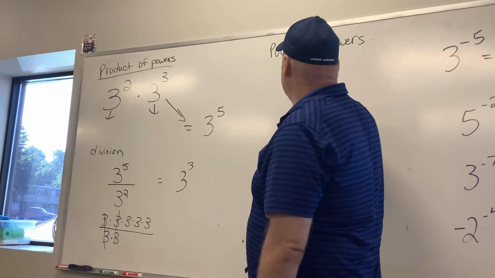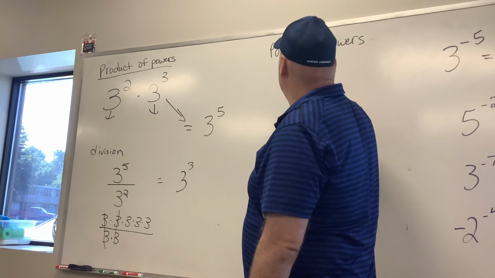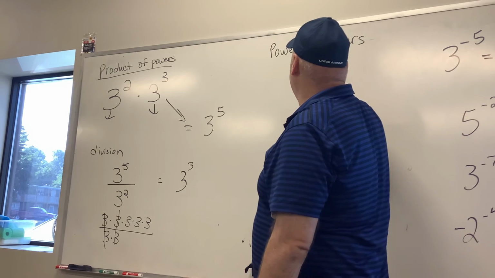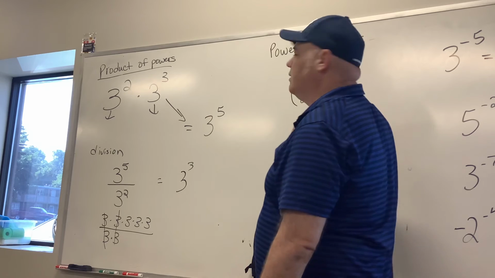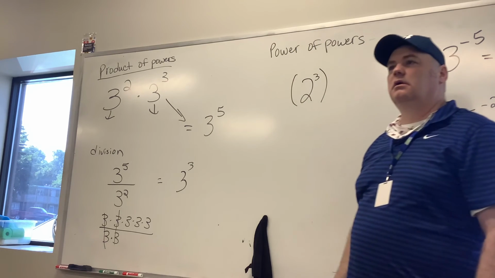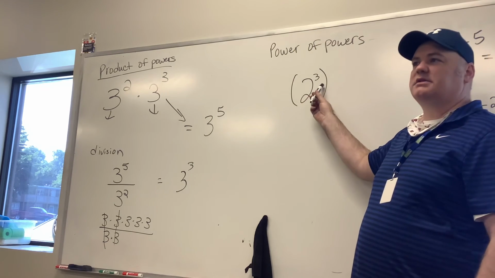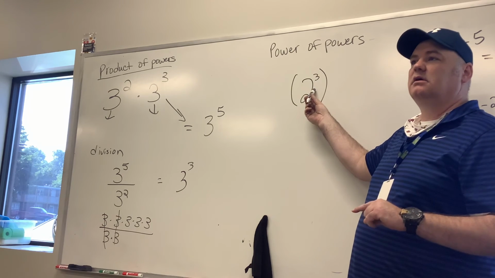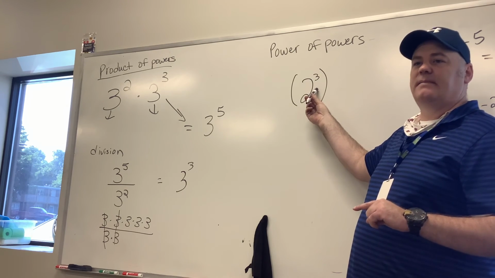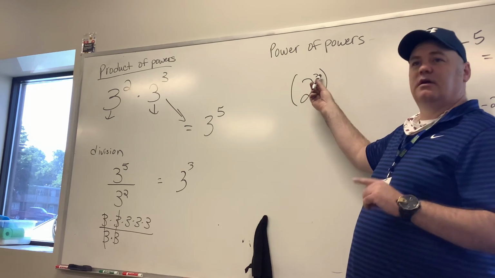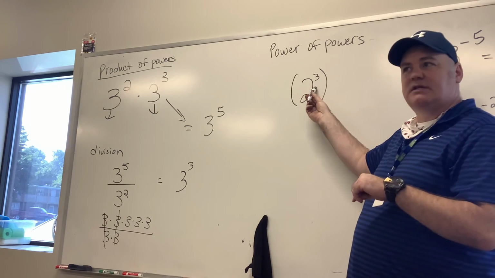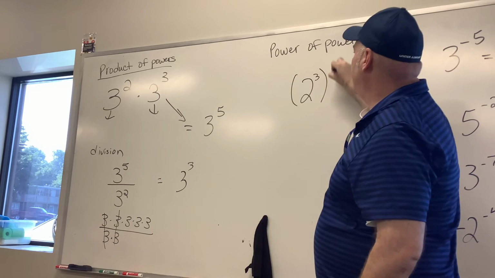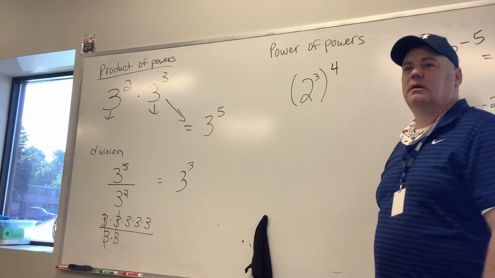This looks like this. Let's say it's 2 to the third, okay? 2 to the third, do you notice that the exponent's inside the parentheses? Right? You see that? 2 to the third, the power is inside the parentheses. But then I'm going to put an exponent out here.